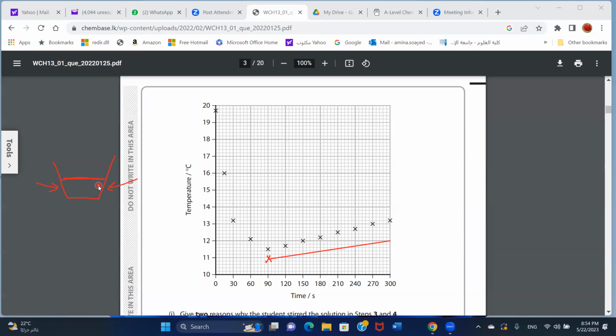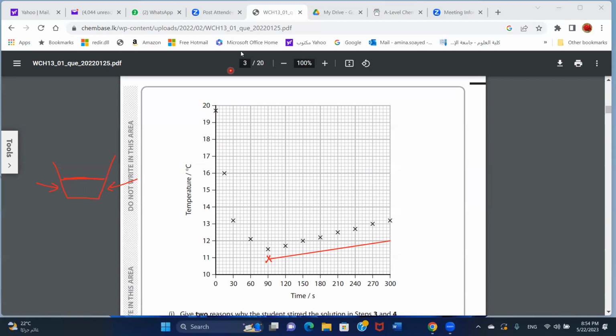It will take time. No, I'm talking about the initial decrease in temperature from the 19.7. You mean here? Yeah. It will be lower. Why? Because it will not lose this heat outside to the surrounding quickly.